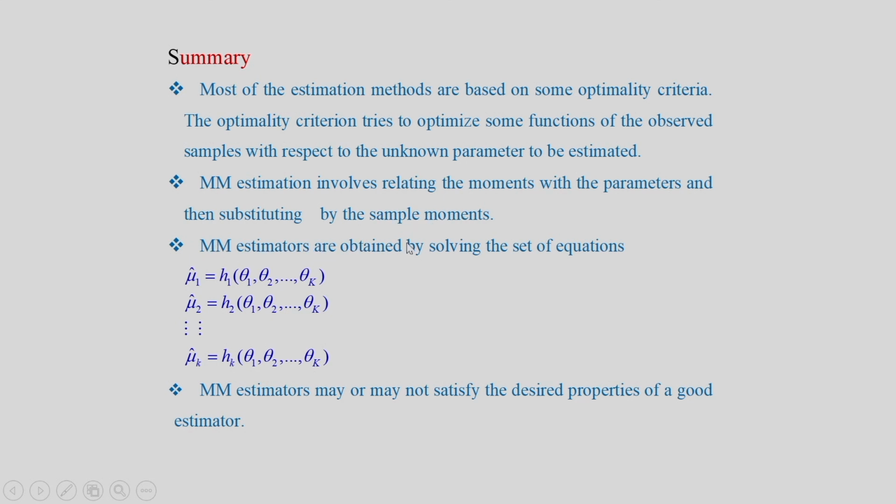Therefore, estimators are obtained by solving the following set of equations, that is mu 1 hat is equal to, suppose, h1 theta 1, theta 2 up to theta k, mu 2 hat is equal to h2 theta 1, theta 2 up to theta k, like that mu k hat is equal to hk theta 1, theta 2 up to theta k. So, this set of equations, if we solve, we will get the estimators. Estimators may or may not satisfy the desired properties of a good estimator. Through numerical simulation, we can study the properties of estimators.